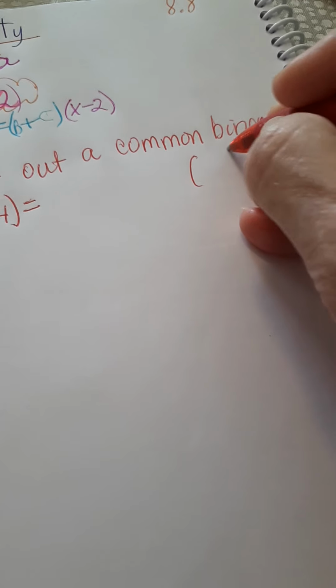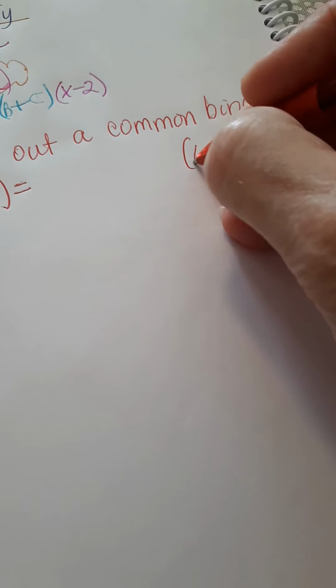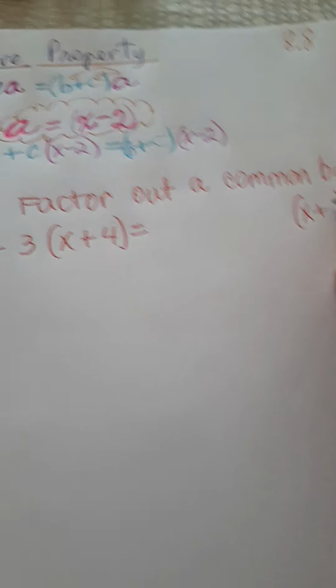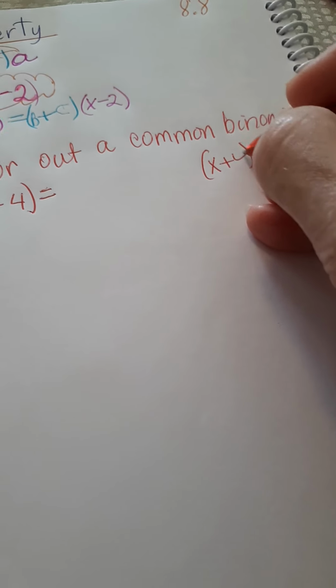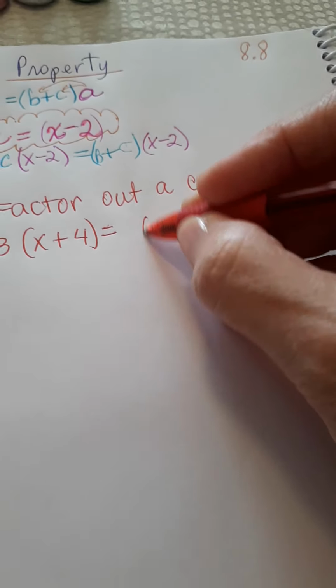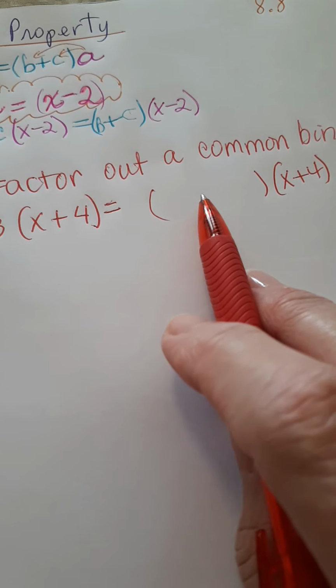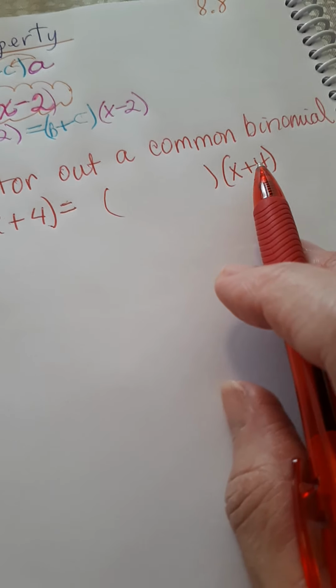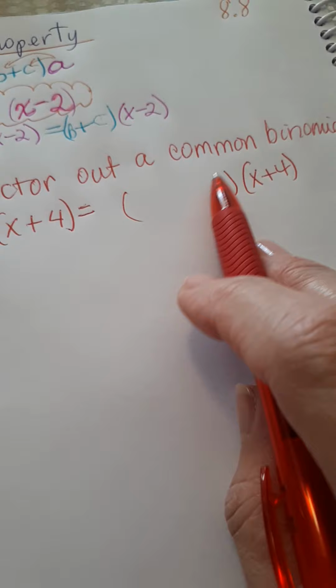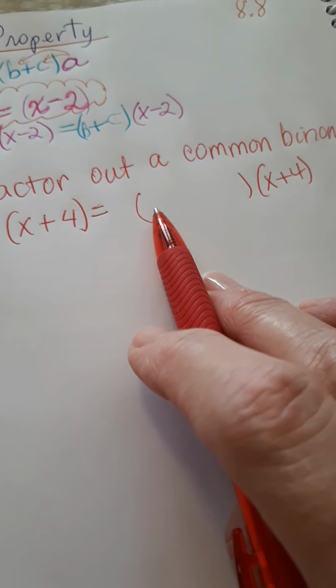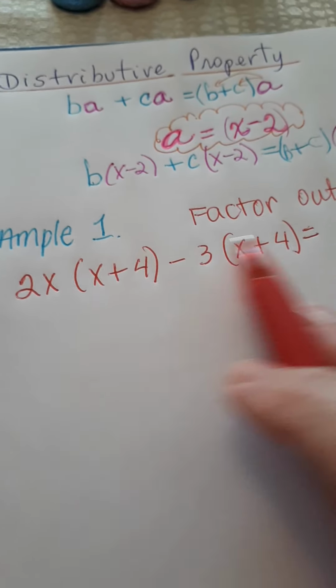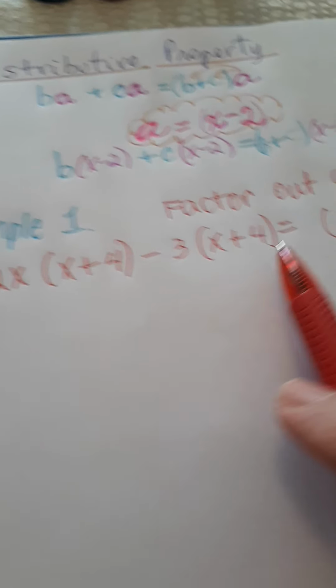That's the common binomial. So we factor it out and leave one single set of parentheses to find what x plus 4 times what gave me this answer.